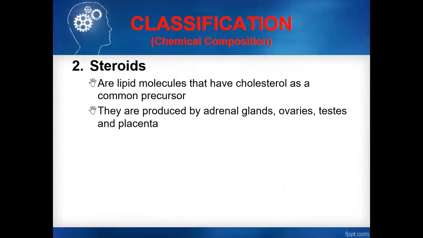They are produced by adrenal glands. So the steroid hormones produced by the adrenal glands are cortisol and aldosterone; by the ovaries, for example, estrogen and progesterone; by the testes, testosterone; and the placenta, estrogen and progesterone.